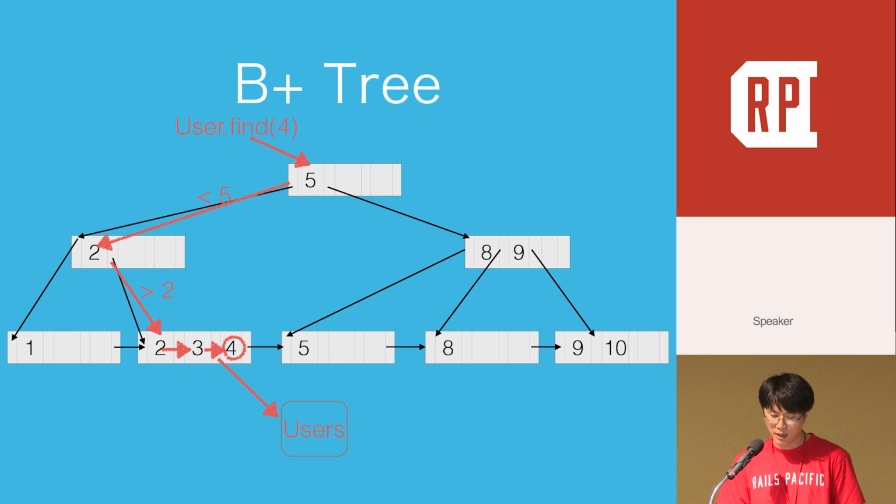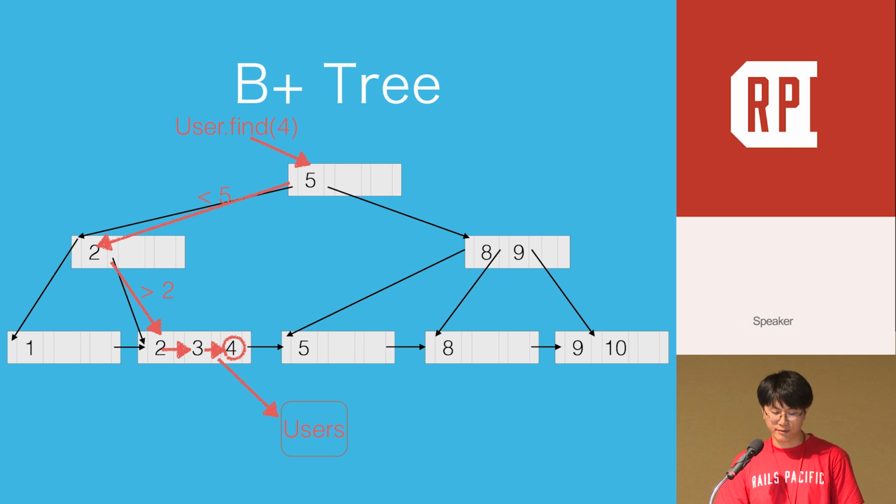And the complexity of the algorithm is log base d of n, where d is the degree of the tree. So even with millions or billions of records, the depth is not very high, and we can search in a few steps, which is very efficient.